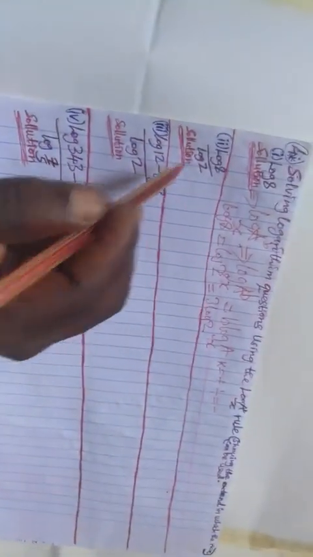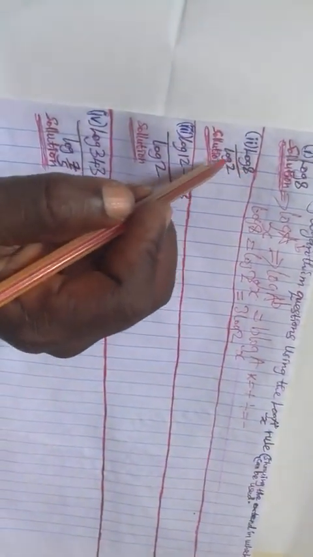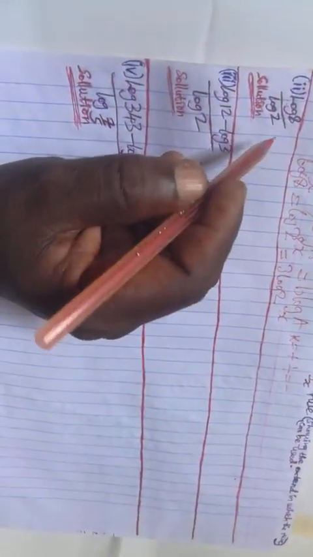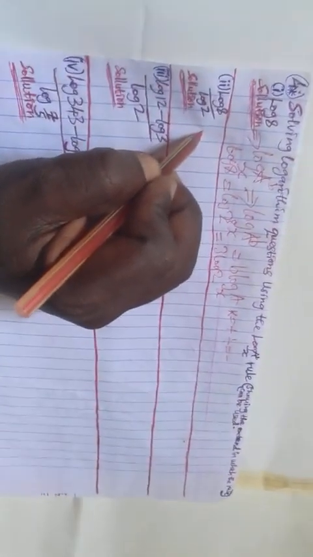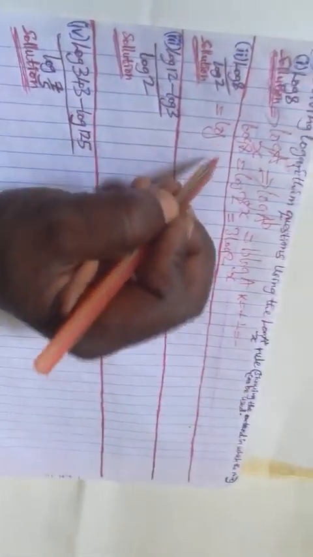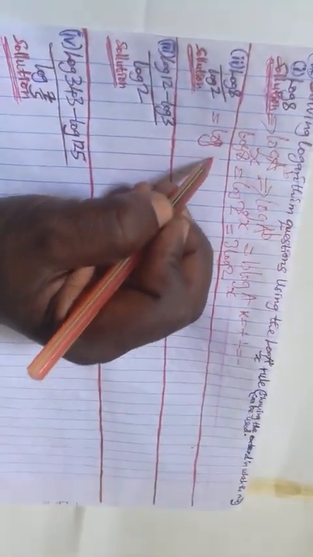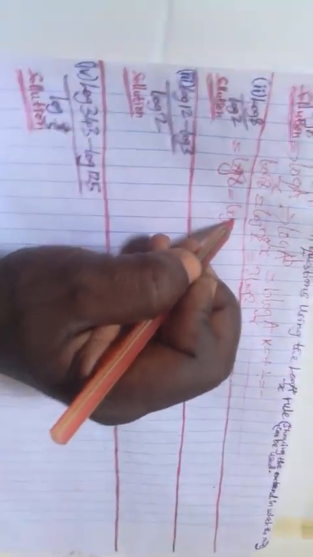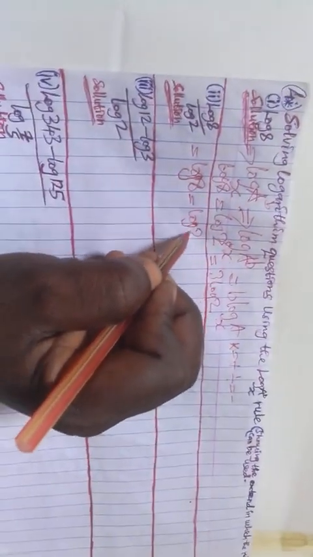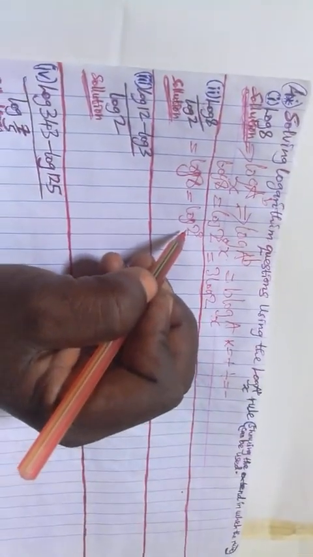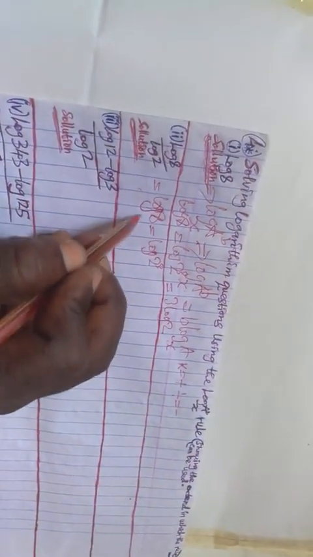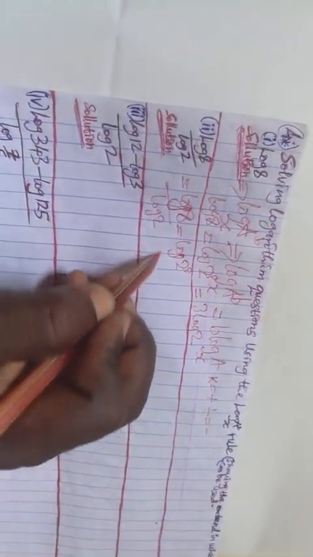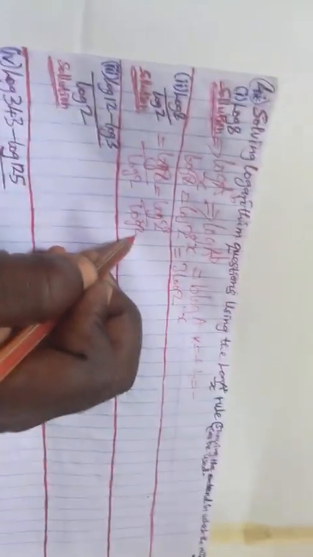For part B, log 8 divided by log 2. This is equivalent to log 8, which can further be written as log of 2 power 3, while the log of 2 remains log 2.